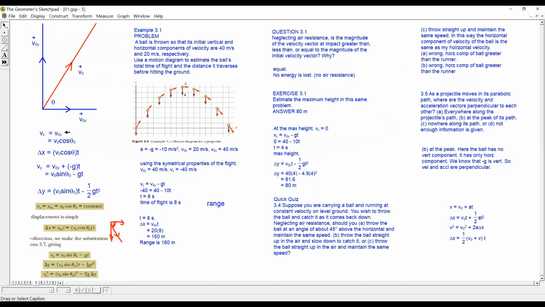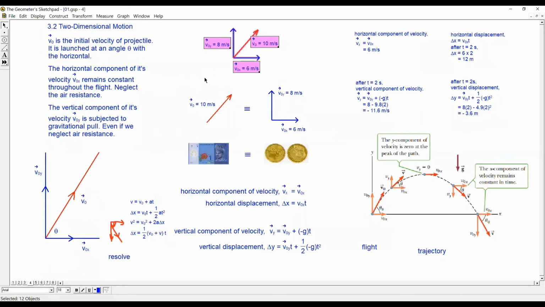We have the vertical component and the horizontal component, and if you merge these two components together, you will get back the actual velocity and the actual direction in which the package is moving.